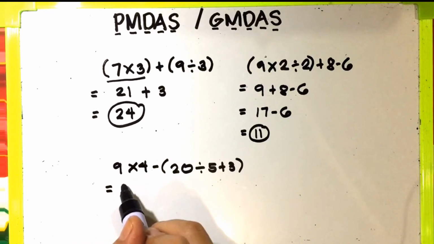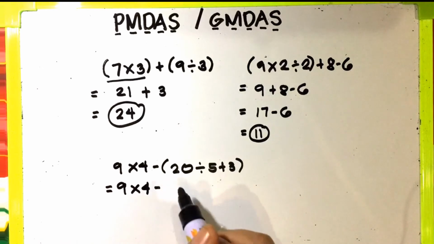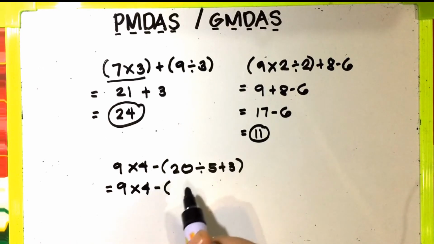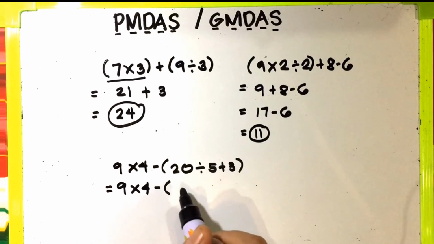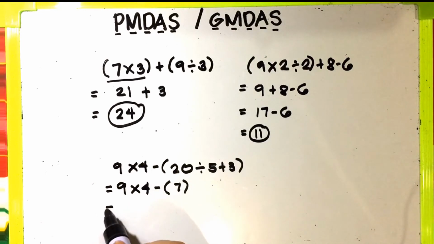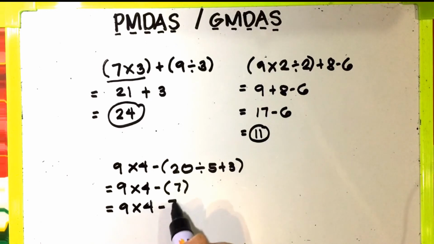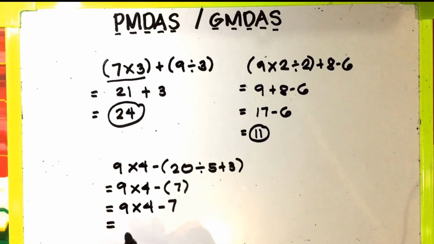So, I will copy 9 times. 4 minus 20 divided by 5 is 4, plus 3 is 7. Okay, so we have 9 times 7... So 9 times 4 is 36, then minus 7. 36 minus 7 is 29.